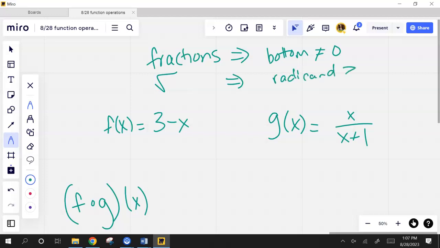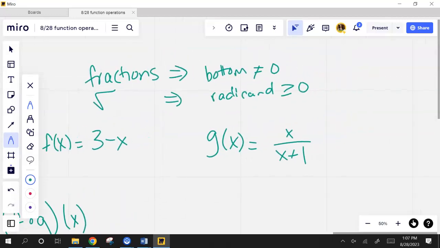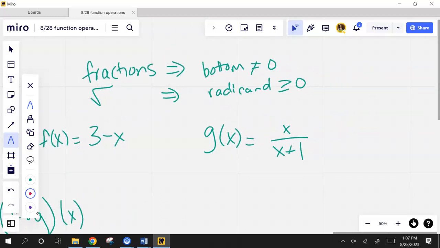Greater than or equal to 0. This tells me what I leave out.